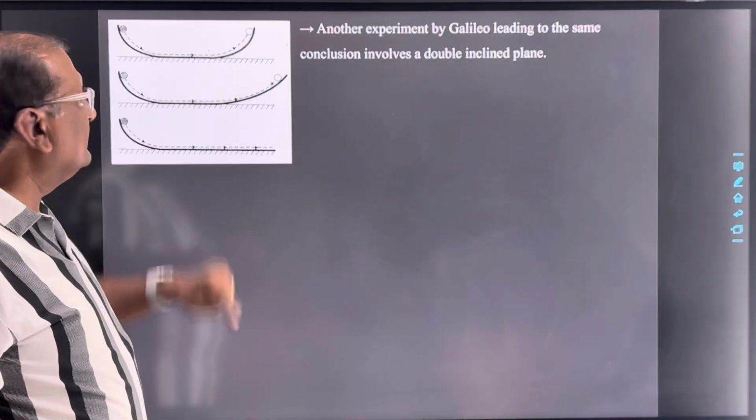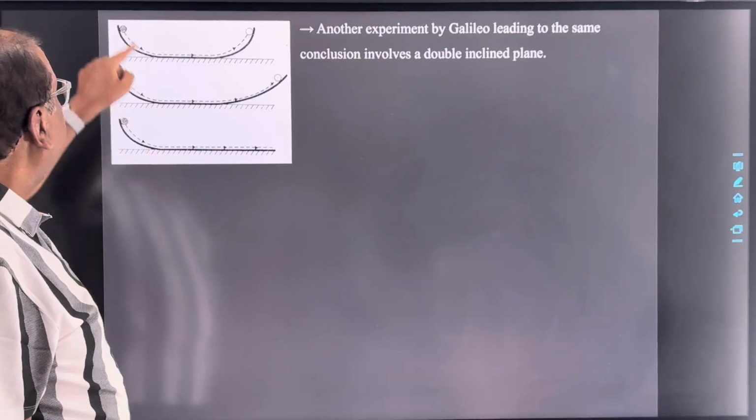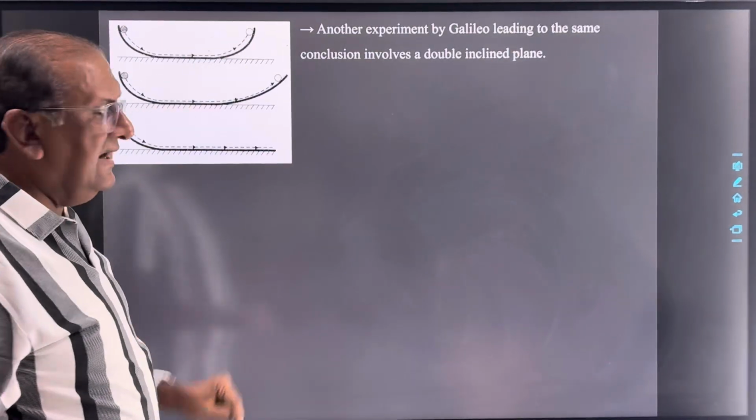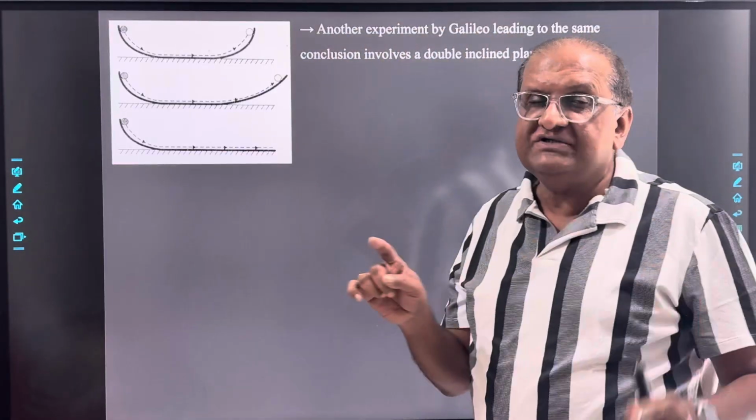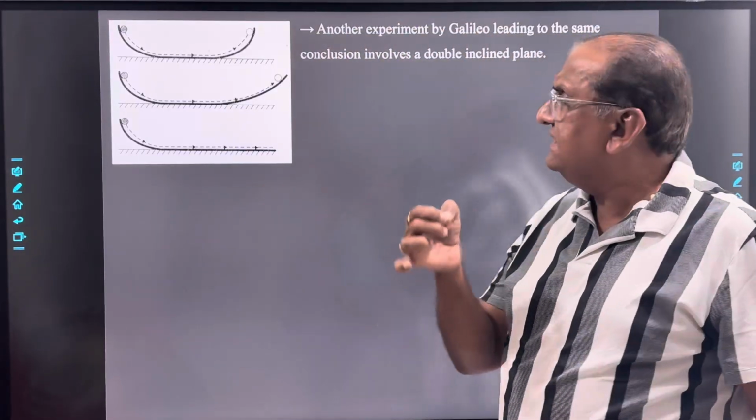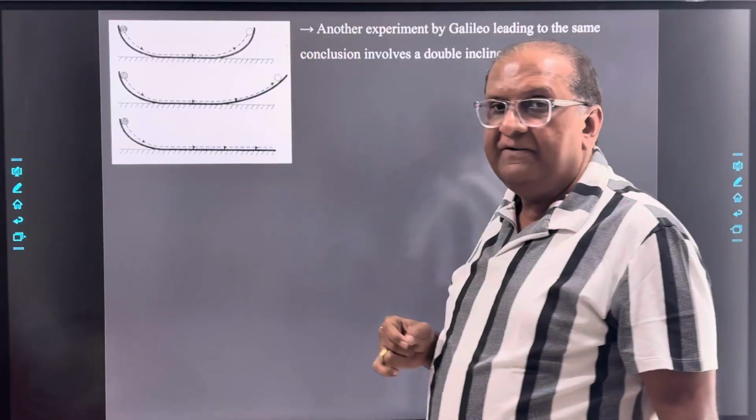When it moves on the other side, it retards, but the height attained by the body on the other side is almost the same, maybe slightly less, but almost the same.